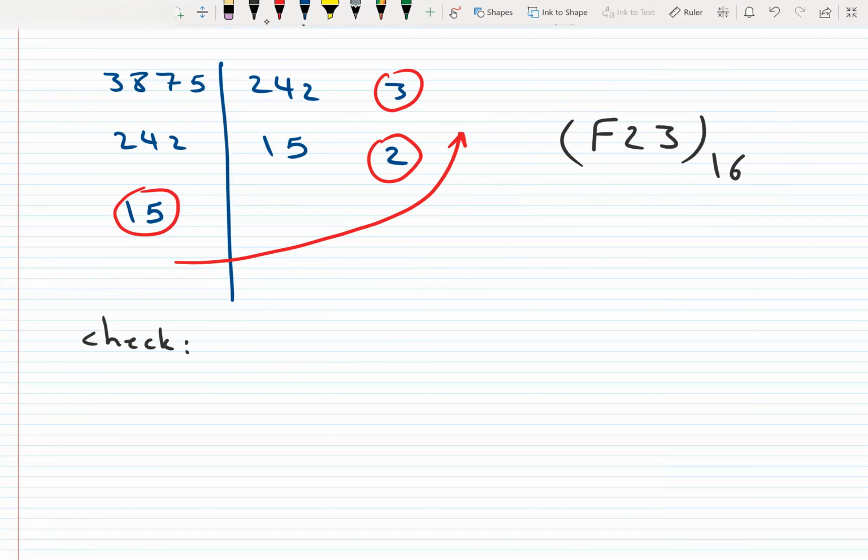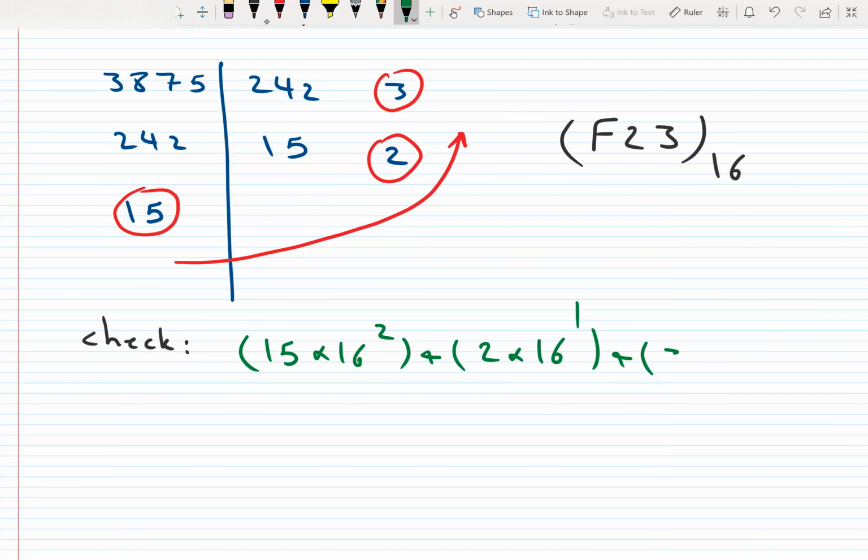So here we will have 15, which is F, times 16 to the power of 2 plus 2 times 16 to the power of 1 plus 3 times 16 to the power of 0, which is equal to 3875 base 10. And our answer is confirmed.